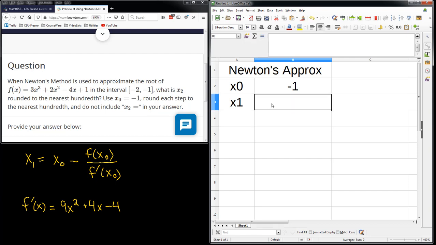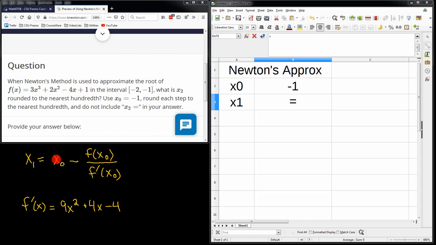Whenever you type a formula in a spreadsheet, you want to start with the equal sign. That tells the spreadsheet that I'm entering a formula. So I start by entering the equal sign. Now I'm going to enter the Newton's method algorithm formula into this cell.